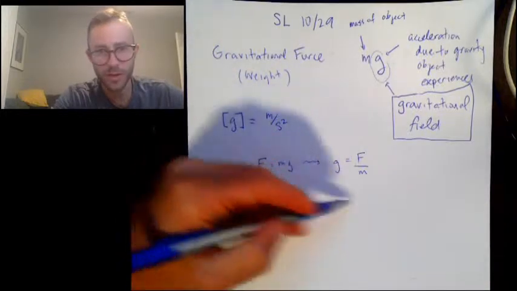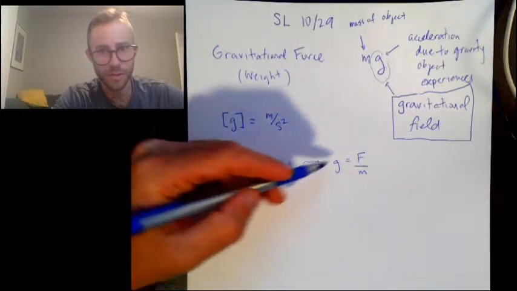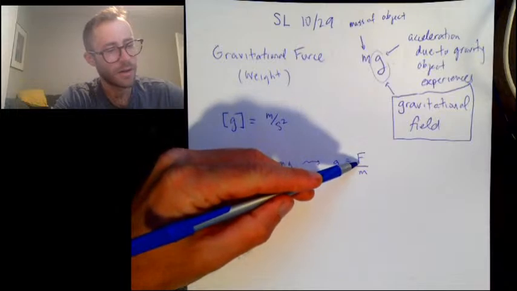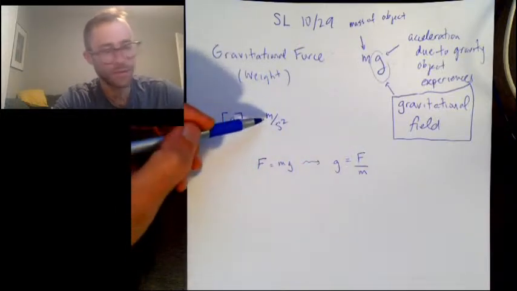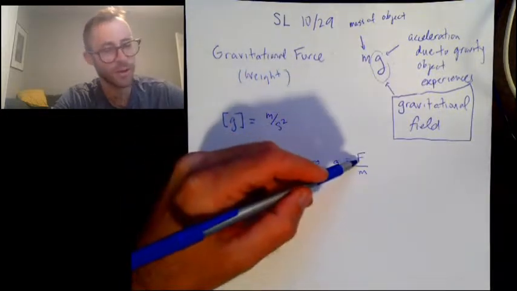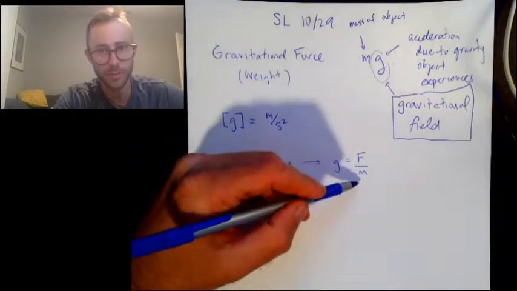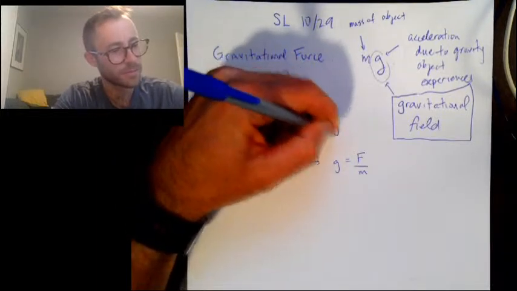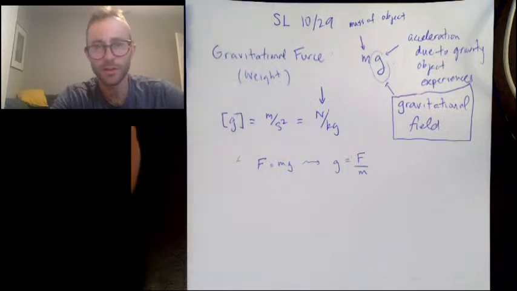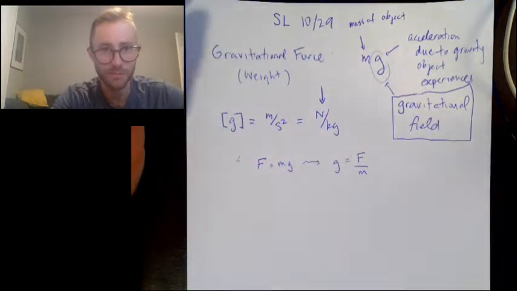So the units could be thought of as newtons per kilogram instead of meters per second squared. This is the preferred unit of gravitational field.